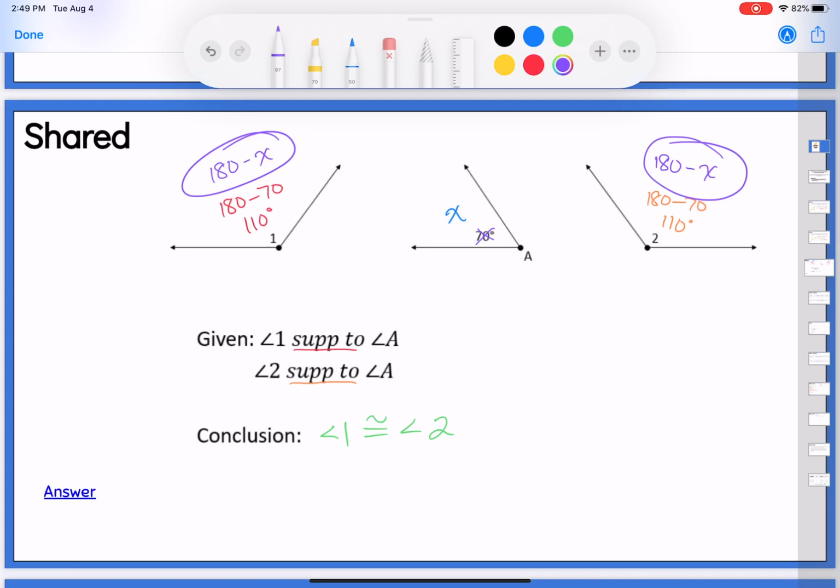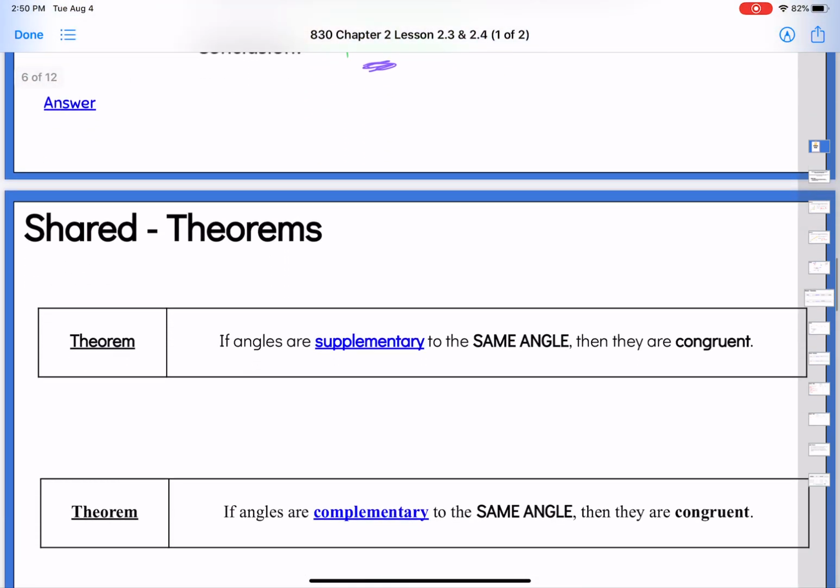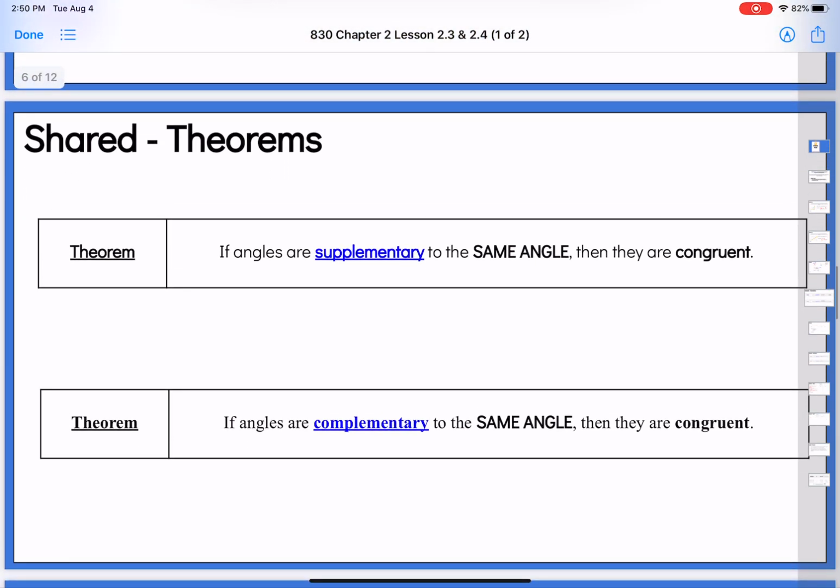If all I give you is that angle 1 is supplementary to angle A, and angle 2 is supplementary to angle A, if they're supplementary to the same angle, then they have to be congruent. That's pretty cool, and that kind of sounds a lot like a theorem. So in fact, that is our very first new theorem. If two angles are supplementary to the same angle, then they are congruent.